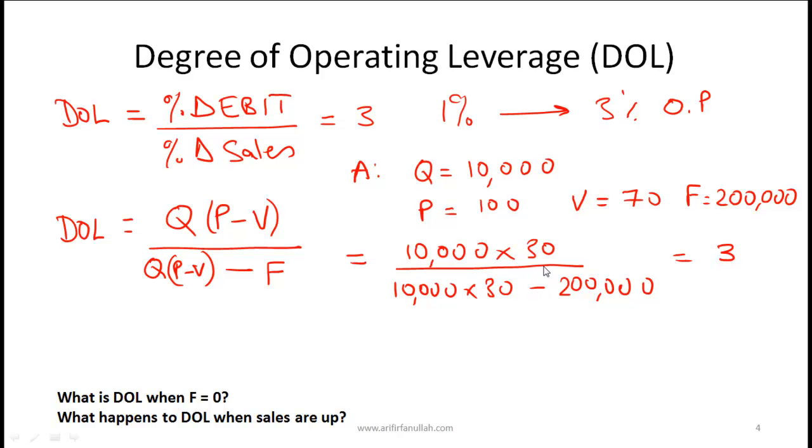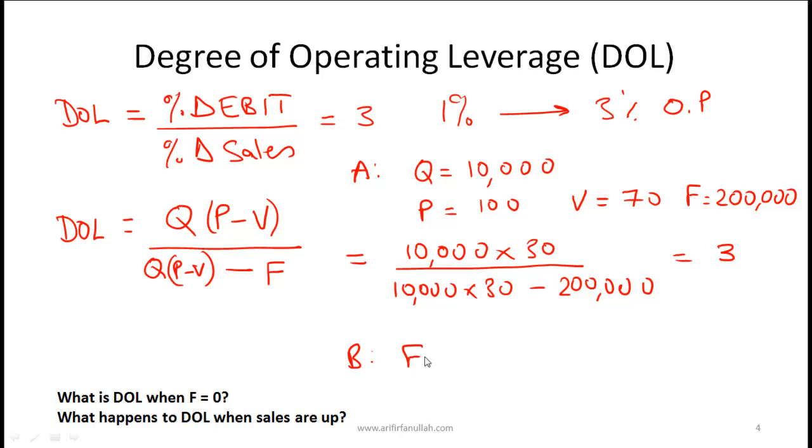What I want you to do now is notice the following. Use different numbers for quantity, and you will notice that degree of operating leverage changes with different quantities. So that's one point. Another point is to use this expression for another company B, which has, say, a higher fixed cost.